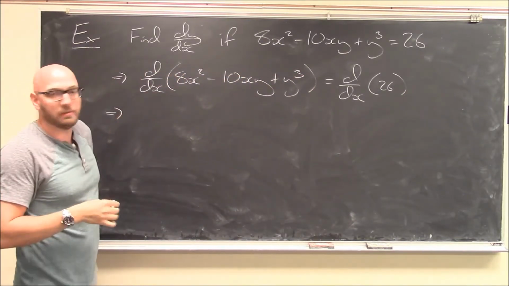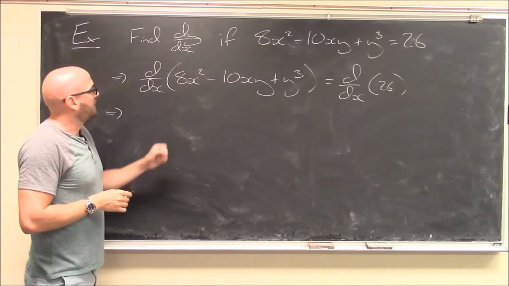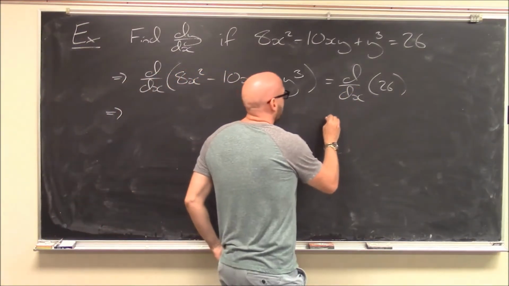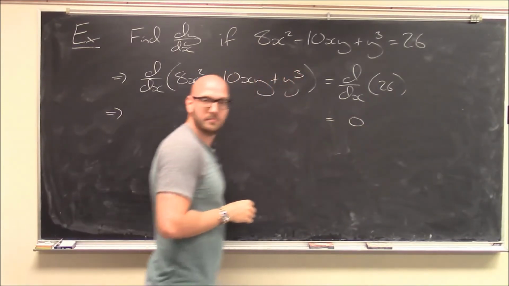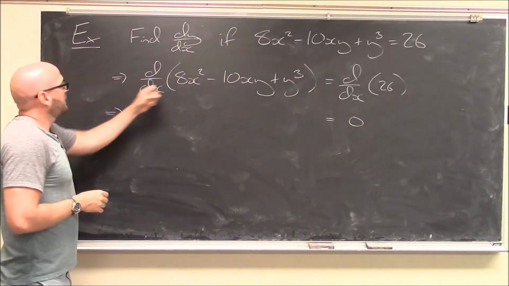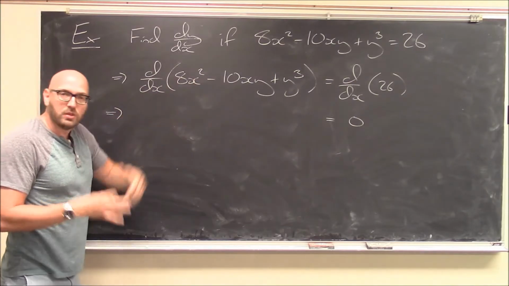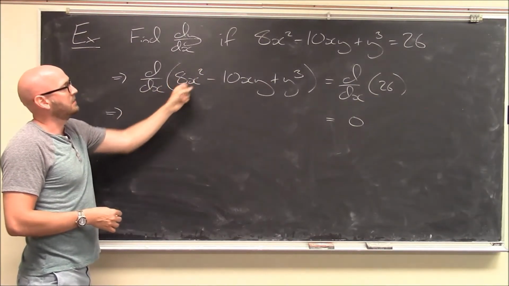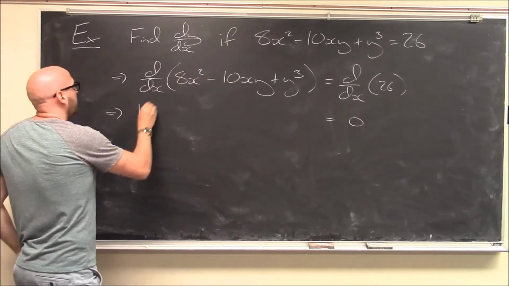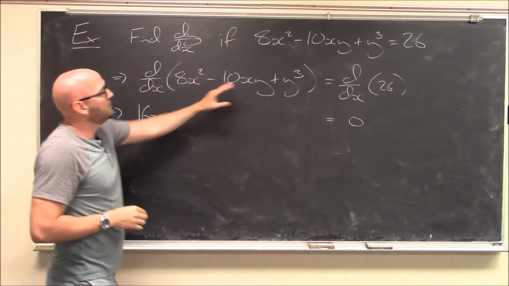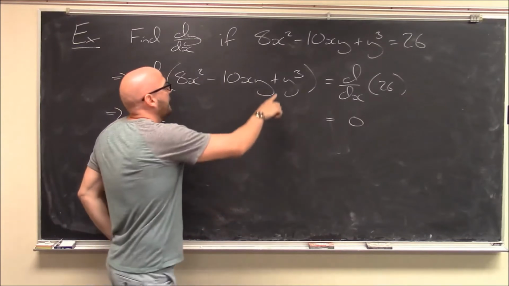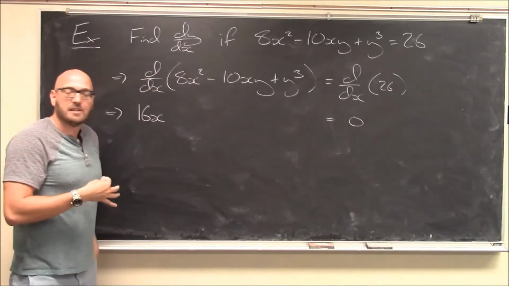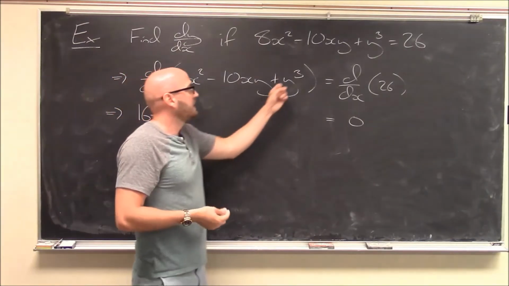So we'll knock out all of the easy derivatives first. Derivative of the right-hand side, derivative of 26 with respect to x, that's just 0. Okay. What about this? Derivative of 8x squared with respect to x. Well, that's no problem. The 2 comes outside, so 8 times 2 is 16x. I'll leave the middle alone for a second. And the derivative of y cubed with respect to x, this is exactly what we did in the last example. How do I differentiate y cubed with respect to x?